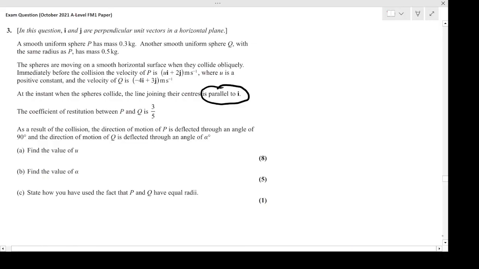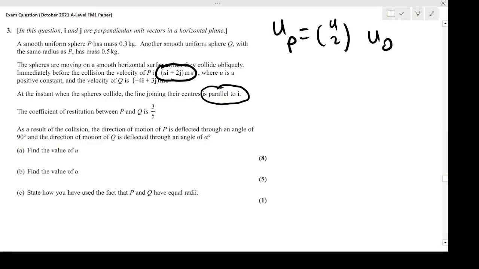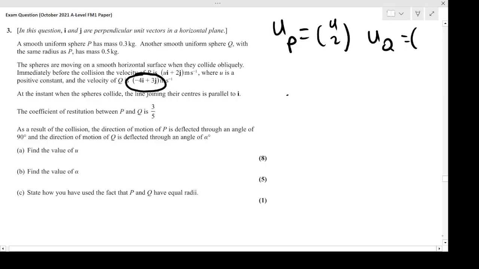I've got these spheres P and Q, so I'm going to call it UP for the initial velocity for P, and I'm told the initial velocity for P is UI and 2J, so it's going to be U and 2. And then UQ, the initial velocity for Q, I'm told is minus 4I and 3J, so minus 4, 3.